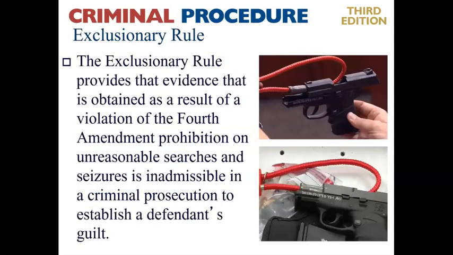Okay, so again, the exclusionary rule provides that evidence that is obtained as a result of a violation of the Fourth Amendment prohibition on unreasonable search and seizure is inadmissible in a criminal prosecution to establish a defendant's guilt.